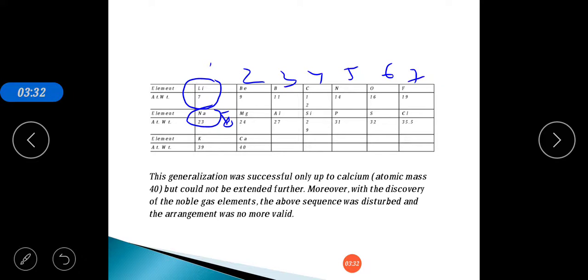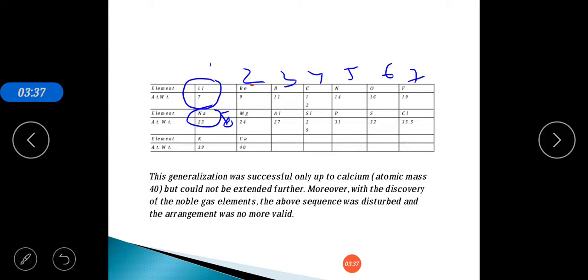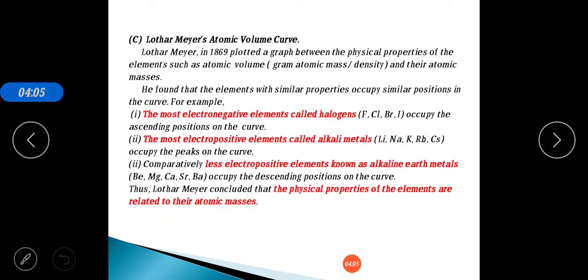So every eighth element is similar. From beryllium, the eighth element will be magnesium, so both these have similar properties. This generalization was successful only up to calcium, but could not be extended further. Moreover, with the discovery of noble gas elements, the sequence was disturbed and the arrangement was no more valid.